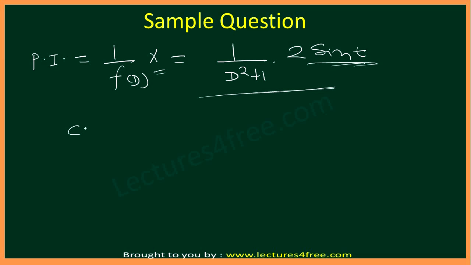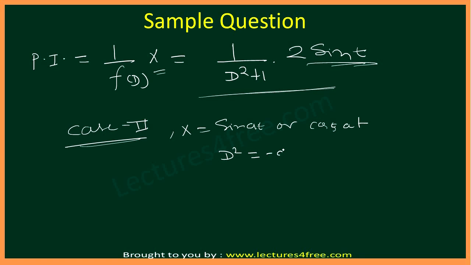As we have already seen in case 2 of solving higher order differential equations, when capital X is sin at or cos at, we replace D square with minus a square. Here a is the coefficient of t, so a is 1, and we replace D square with minus 1.